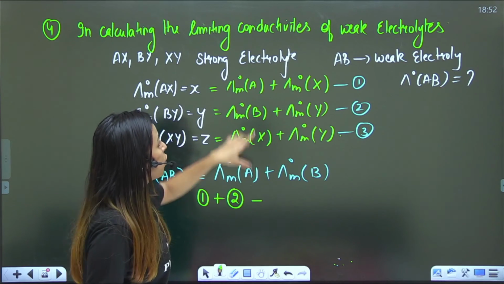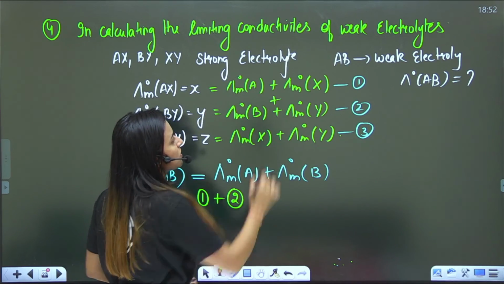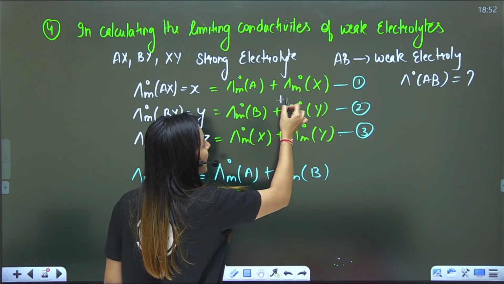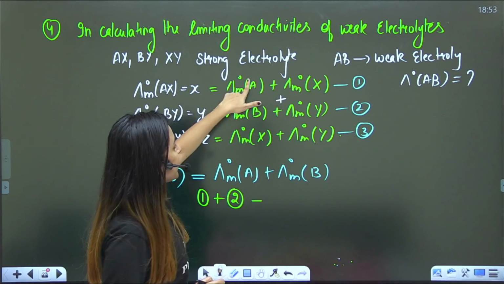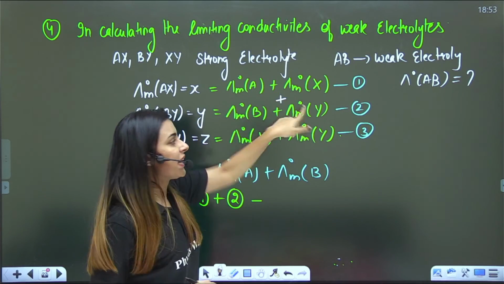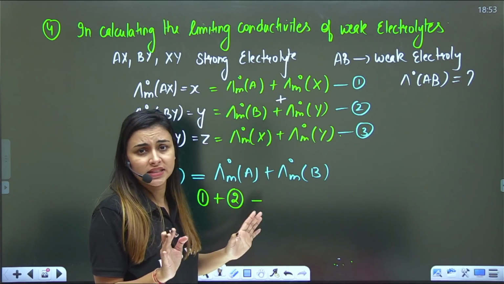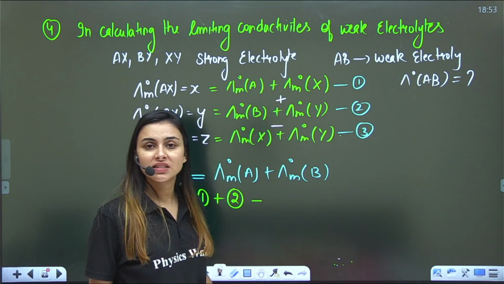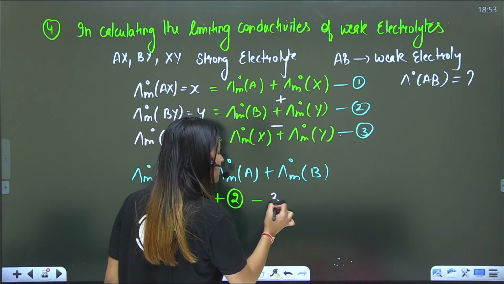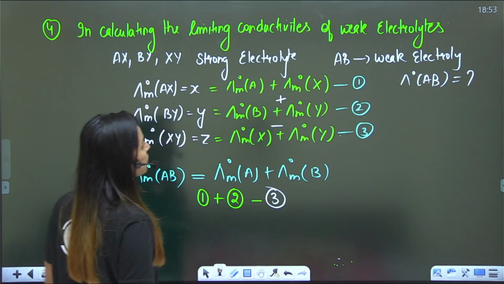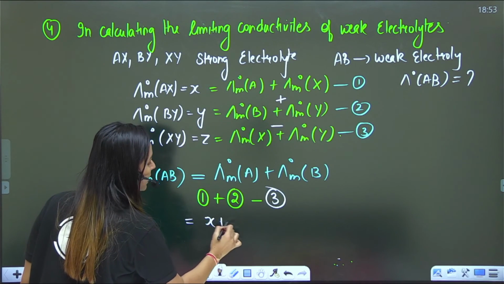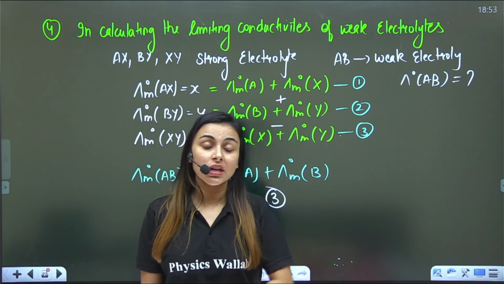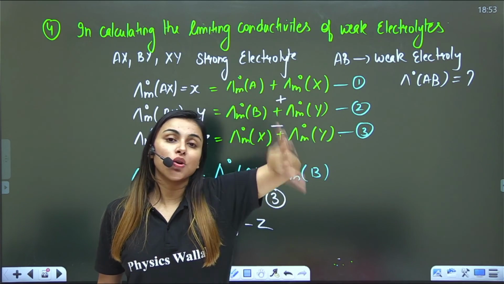Now, when you add these two equations, you will get A and B, but you will also get X and Y. But you don't want X and Y. So I can subtract the third equation, then X and Y will be cancelled out. Yes. So minus 3. This will give me the value as X plus Y minus Z. And this is how I can calculate the limiting molar conductivity of a weak electrolyte.